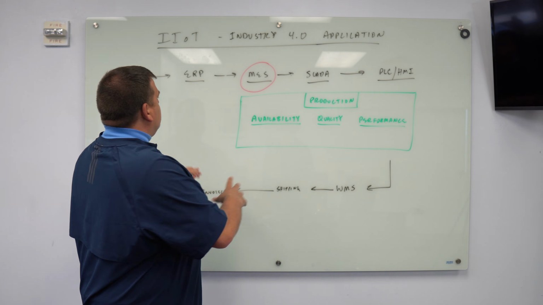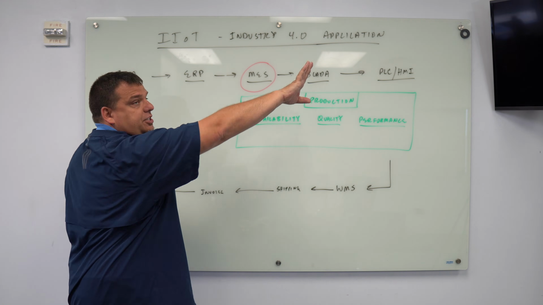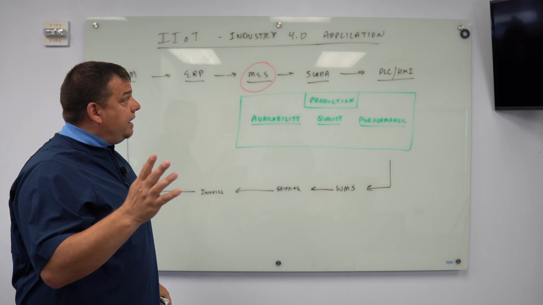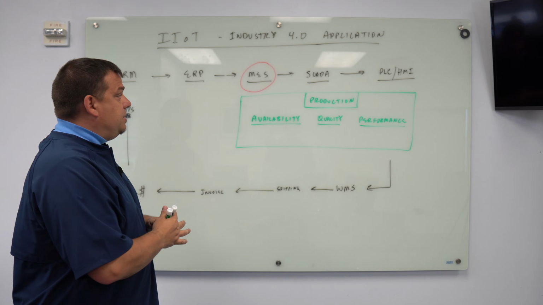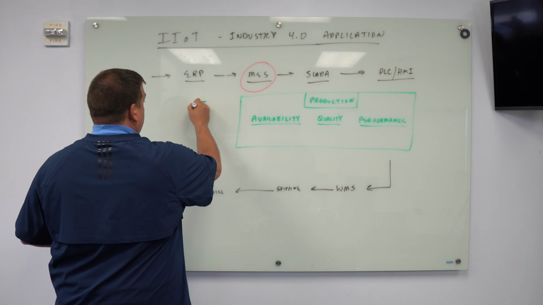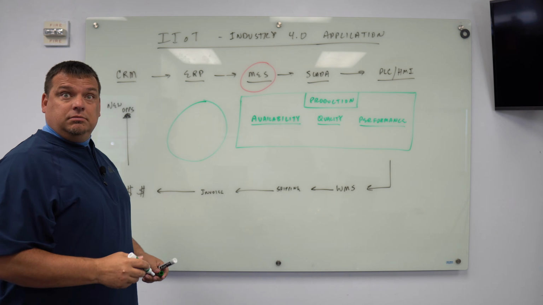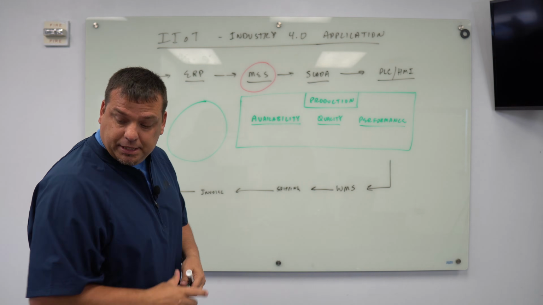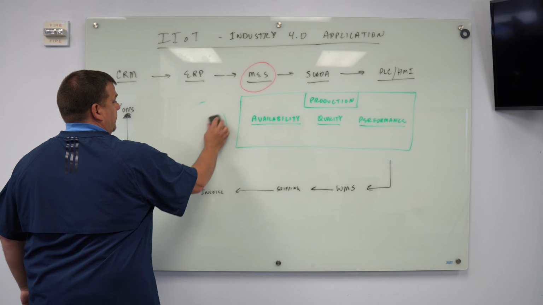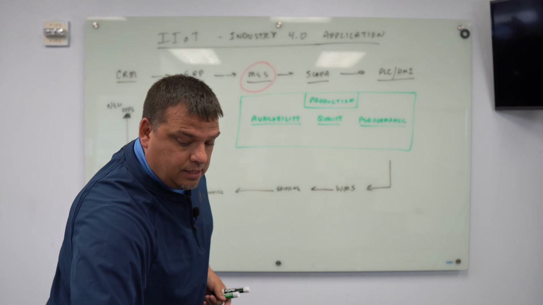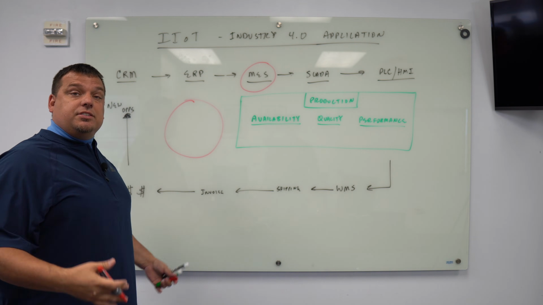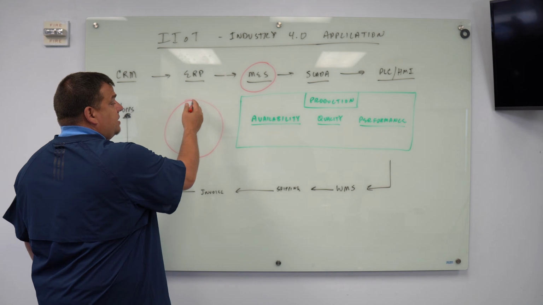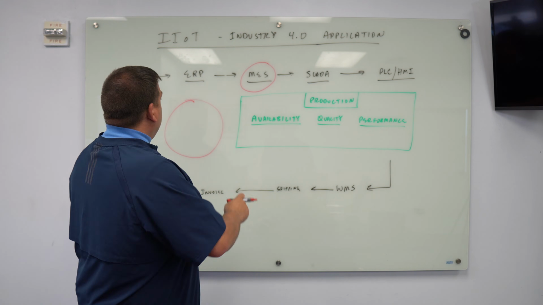All right, so let's talk about the Industry 4.0 application. I have my unified namespace. Let me use a different color because I don't want to mix up the production part. I have my unified namespace, which is my business. It's the digital twin.